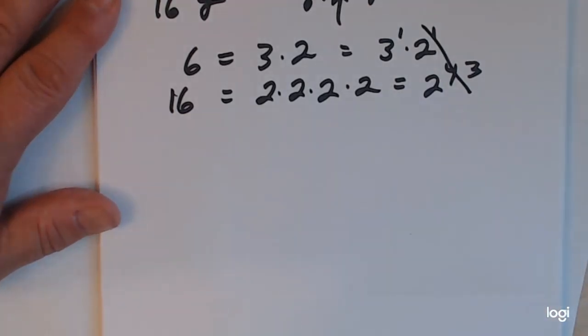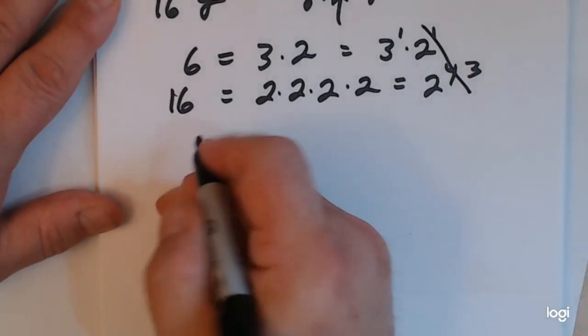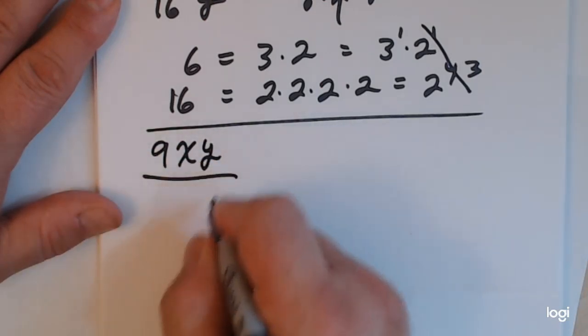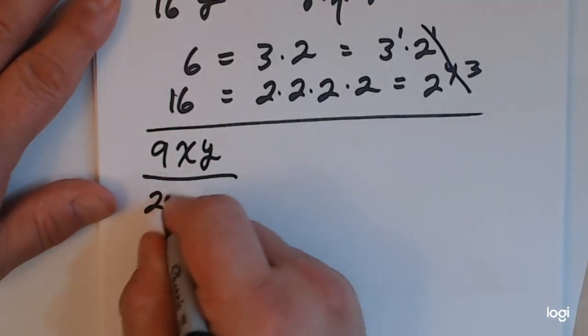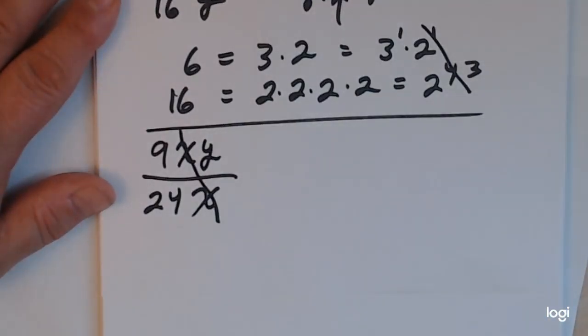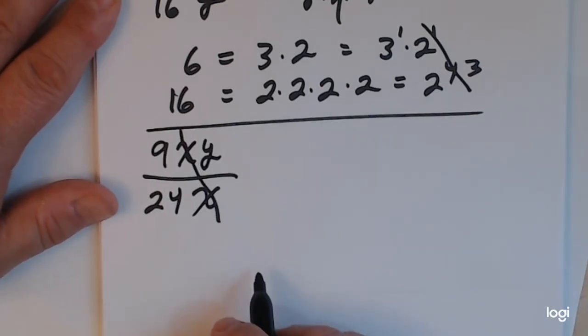All right, next one, we have 9xy divided by 24x. So on this one, the x's cancel each other out. And we're left with 9 over 24.